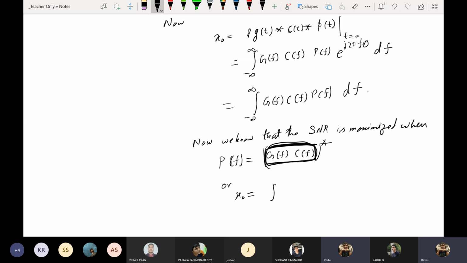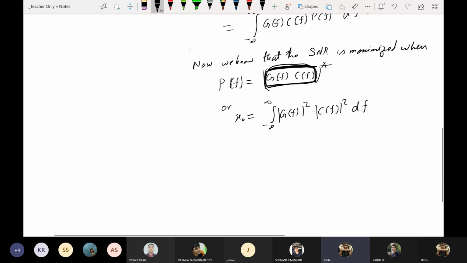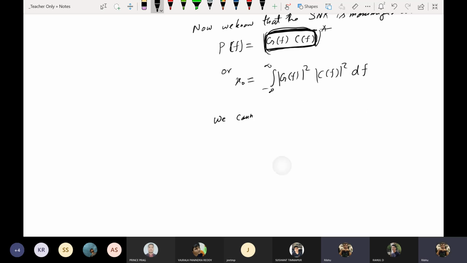So P(f) equals this, or x_0 equals this. Last time what we said was that we cannot control c(t), but can control g(t) and p(t), right?